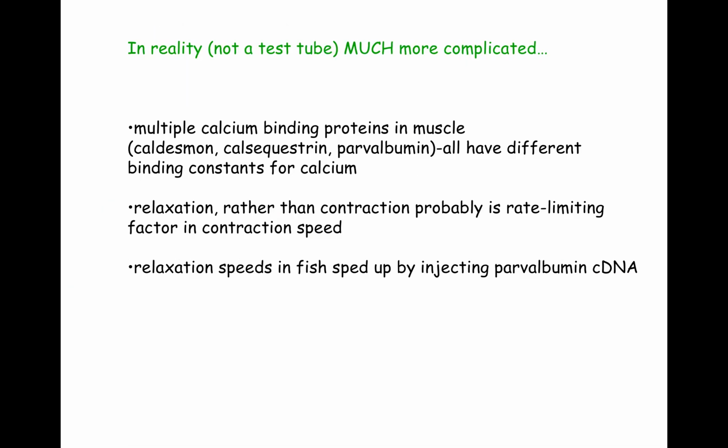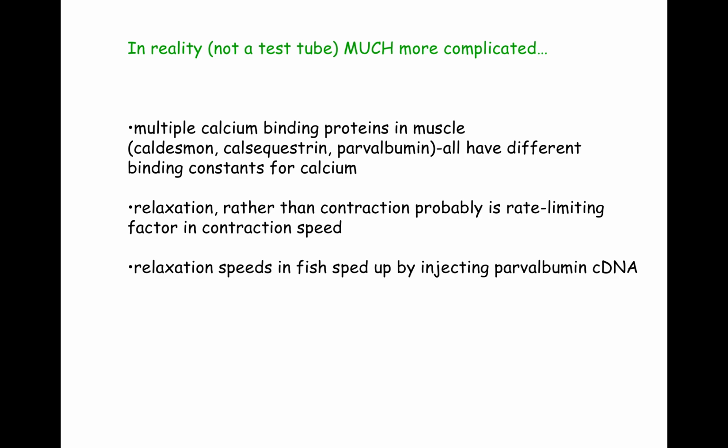In an actual muscle cell, but not in model muscle cells that you're studying in a test tube or a dish, it's a lot more complicated. So there are many things that bind calcium in muscle cells in addition to the troponins.